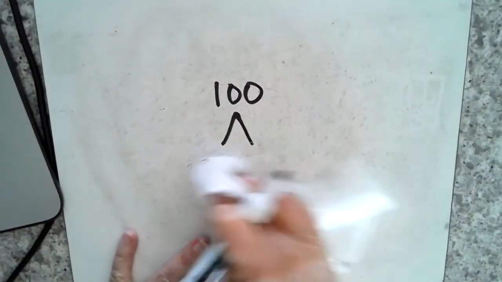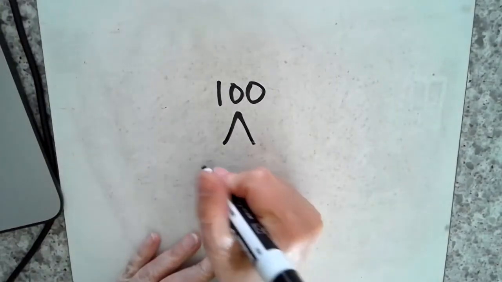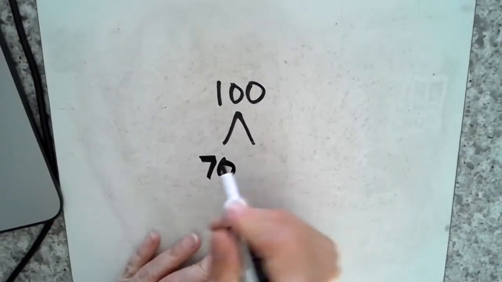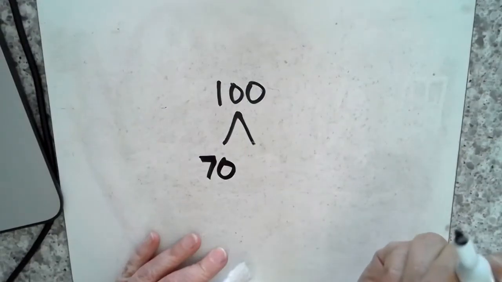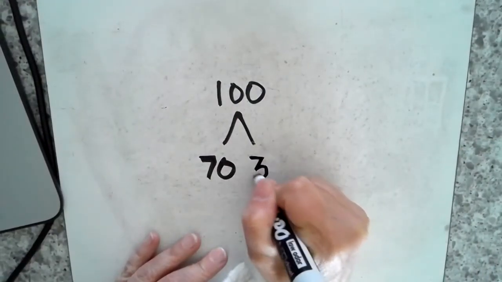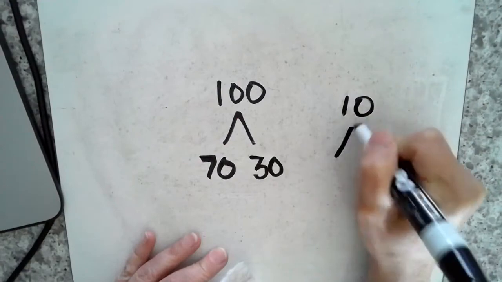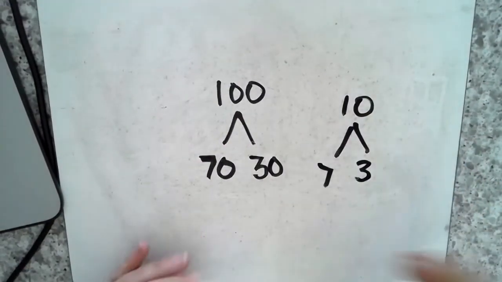So let's do a couple more. If I put 70 here, 70 and what is 100? Yep, 70 and 30. Just like 7 and 3 is 10.